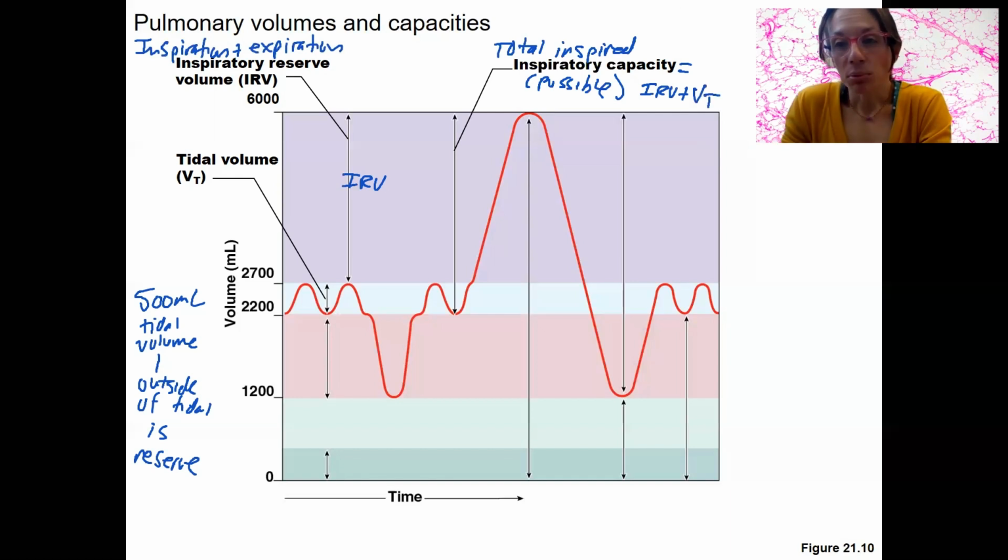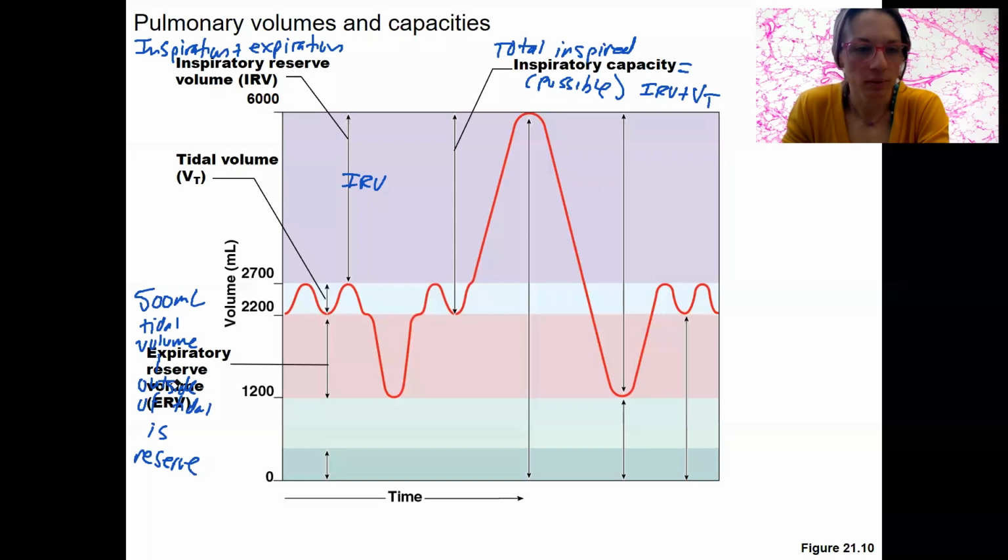We've also got an expiratory reserve volume. That's down there, kind of covered up. So raise this, ERV. That's the amount you can expire on top of what you do with your just resting breath. The total amount you can inspire and expire is your vital capacity, vital like alive.